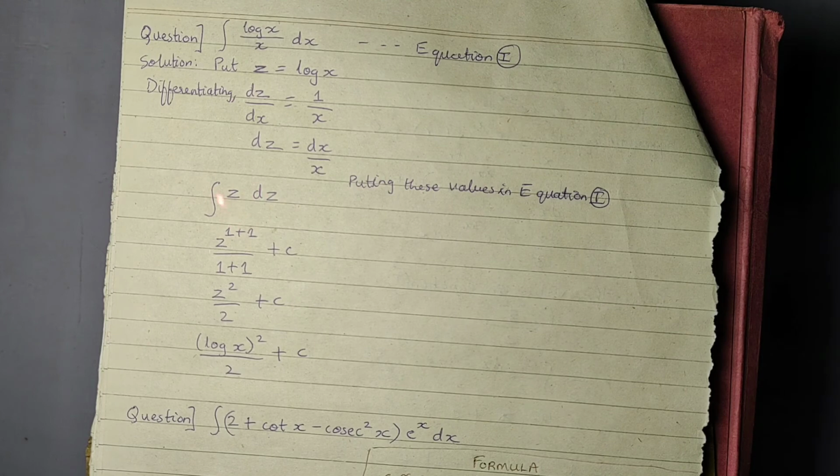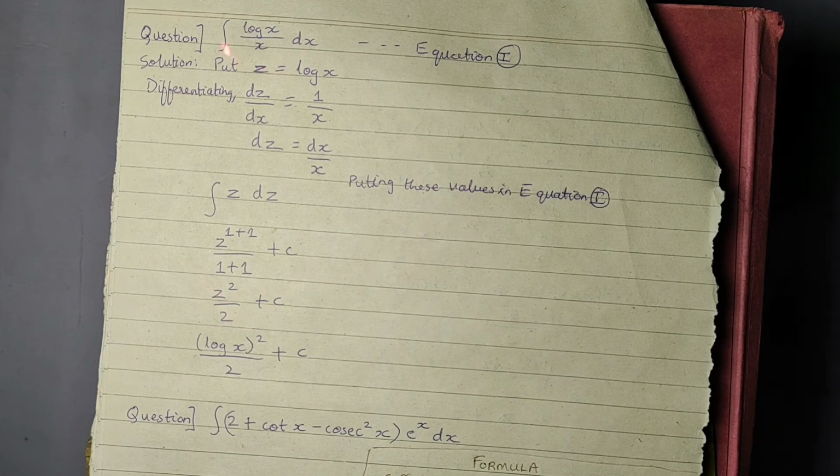Okay, z, you are already aware, it is integration of z raised to n, which is n plus 1 divided by n plus 1. So here n is 1, z raised to 1, so z square divided by 2 plus c.